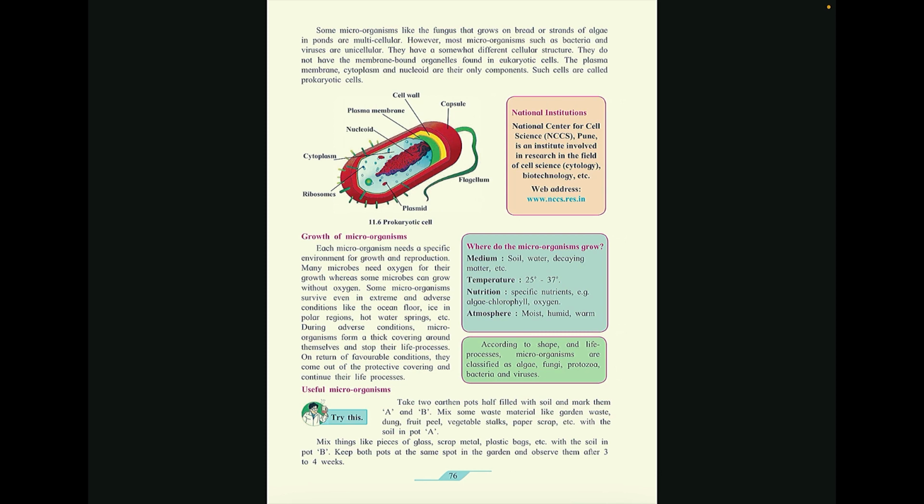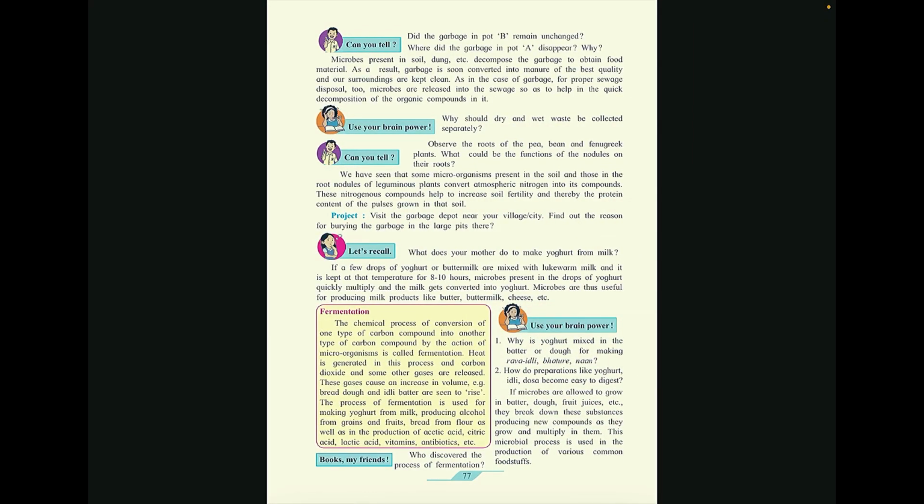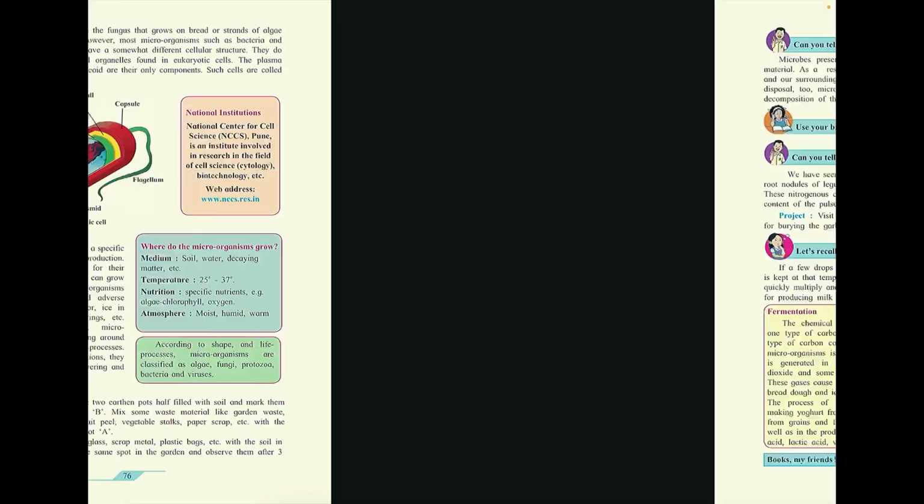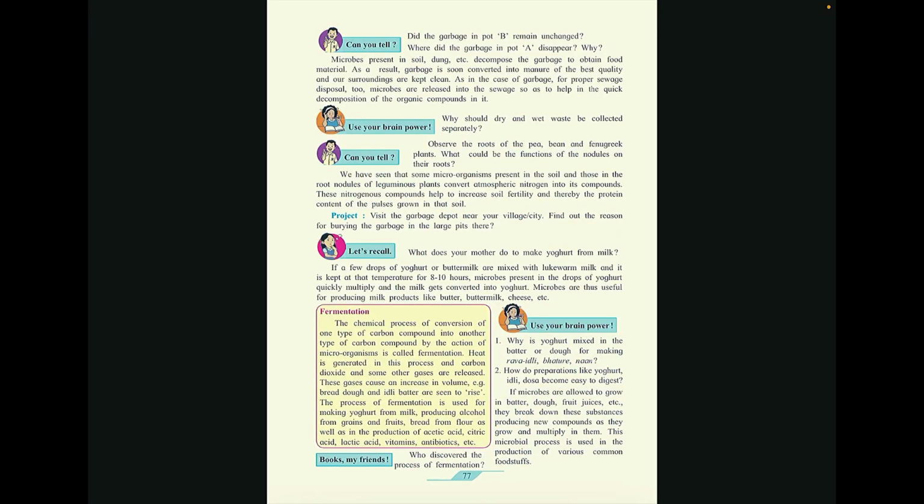After that, some useful microorganisms are also there, like curd. How is curd formed? With the help of lactobacillus bacteria, milk is converted into curd, and this happens through a procedure known as fermentation.